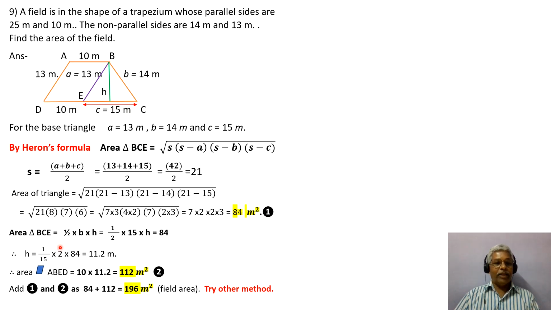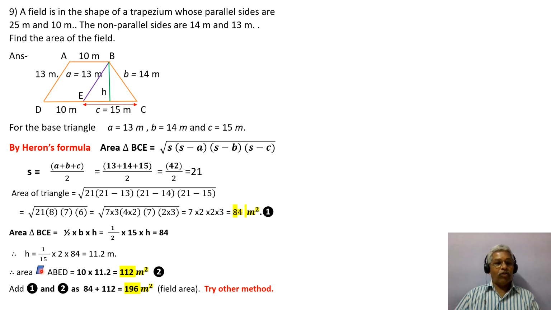Area of this triangle equals half b into h, which is equal to half into 15 into h, which is equal to 84. We got the area and we have this formula, so you can calculate h. H equals 2 into 84 upon 15, that is 11.2 meters. So we have this height.